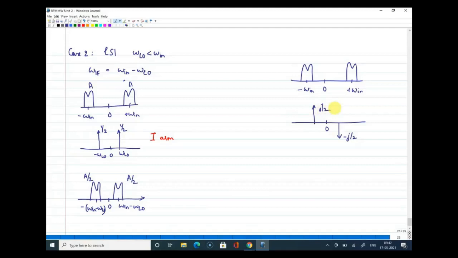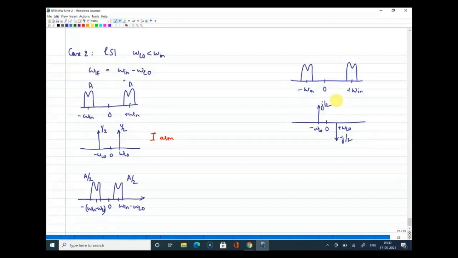The spectrum should be in such a way that your LO signal is smaller. So this is minus omega LO and this is plus omega LO, and this is minus j by 2 and this is j by 2.